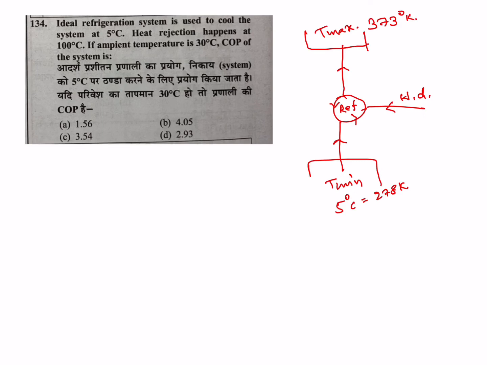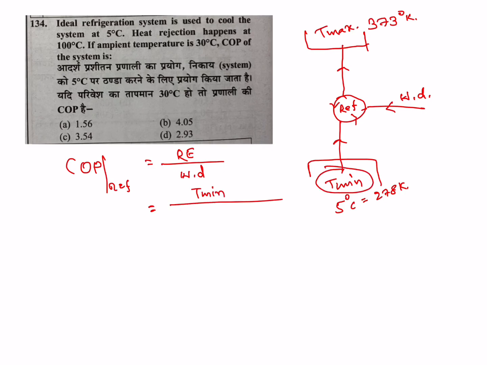Then the COP of the system we have to calculate. COP of refrigerator is the refrigerating effect or desired effect by work done. This is an ideal refrigeration system. So COP equals T minimum, our desired effect, divided by work done, which is maximum temperature minus minimum temperature.